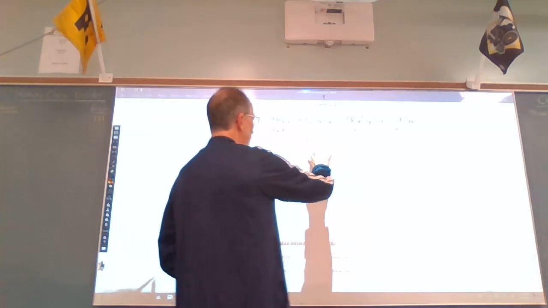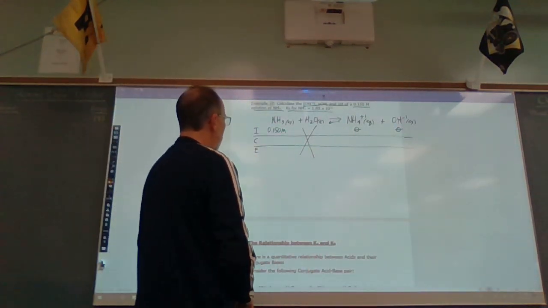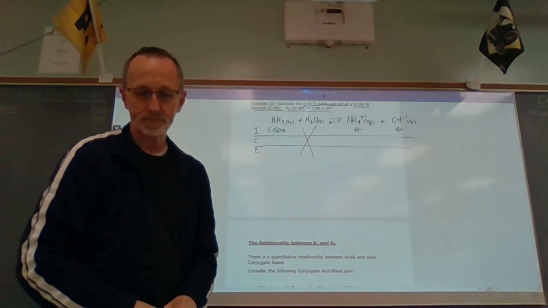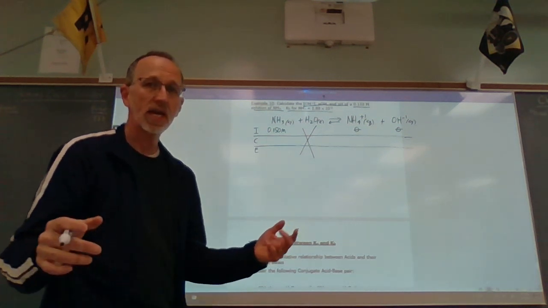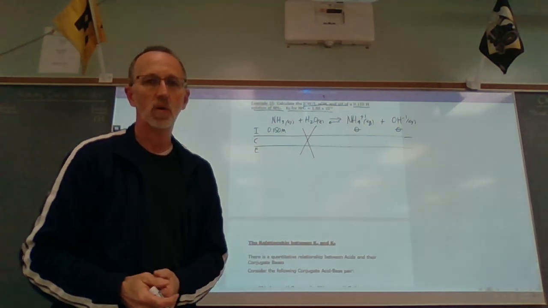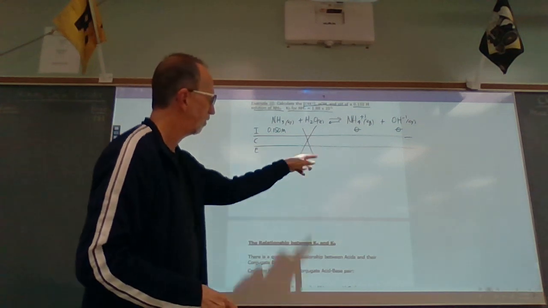Don't need it. We are given Kb. We are not given a pH or a pOH or anything like that. So we have nothing else to go on as far as filling in our equilibrium row of values.